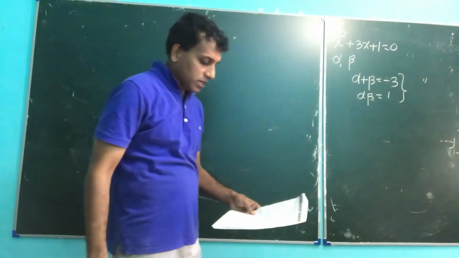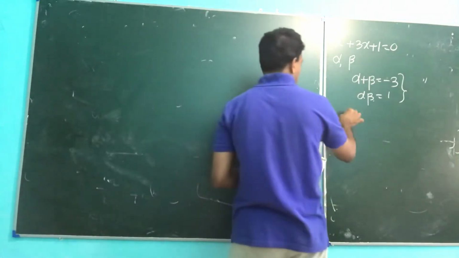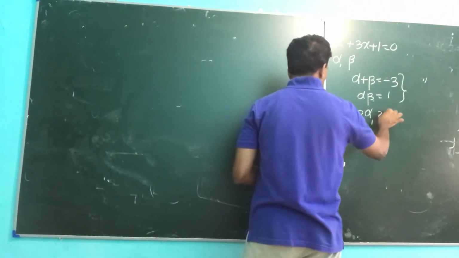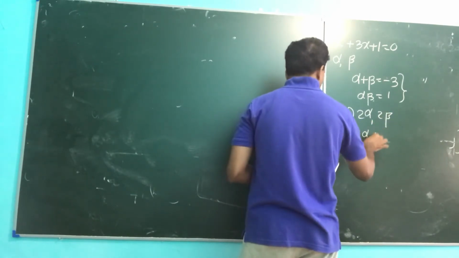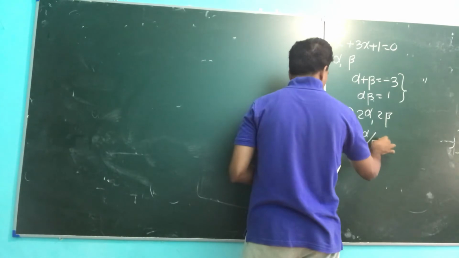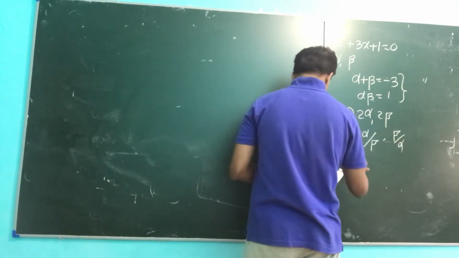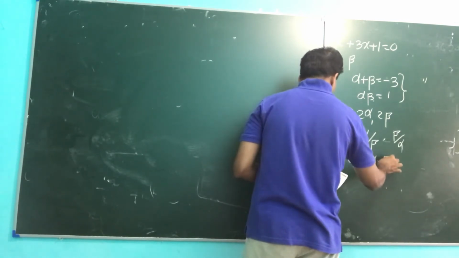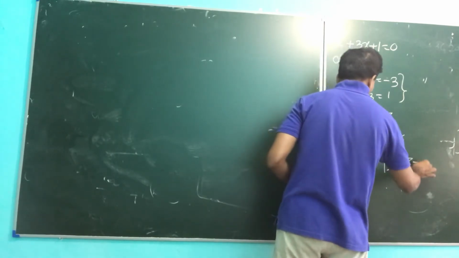Then they ask to find new equations whose roots are, part a, 2 alpha comma 2 beta; part b, alpha over beta comma beta over alpha; part c, 2 alpha minus beta comma 2 beta minus alpha.